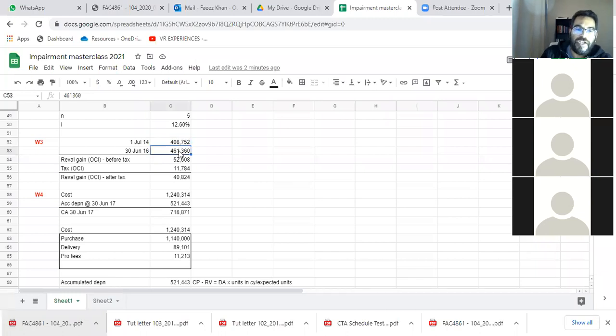The revalued amount at 30th June 2016 was 461. There was no further revaluation. So the revaluation from the beginning of time up until 30th June 2017 is 52,608 before tax. After tax is that. So that's how we got the 52,608. Okay, thank you.